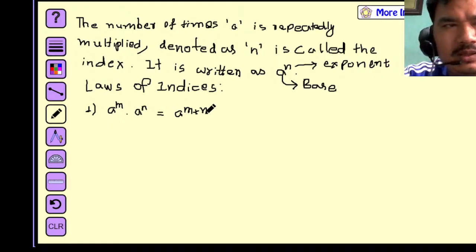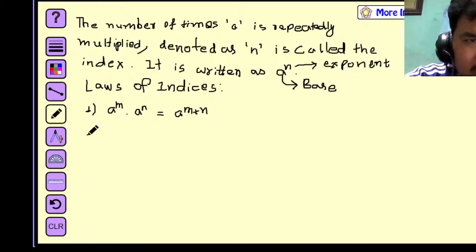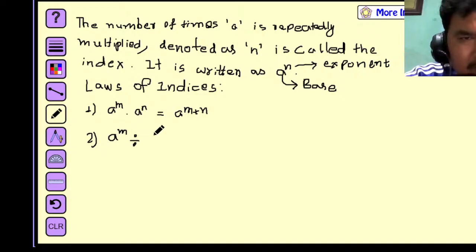And next one is division, number two. Suppose we are dividing a to the power m by a to the power n. This division case we can write in fraction form also, like this.